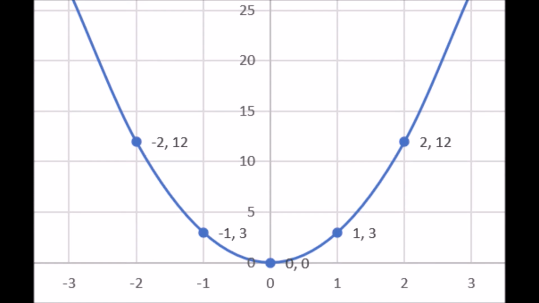The next example, y equals 3x squared plus 2, opens upward, and because b equals 0, the symmetric line is x equals 0. y has the minimum value if x equals 0. So the vertex point is (0, 2). The parabola is above the x-axis, which means that there are no x-intercepts in this case.